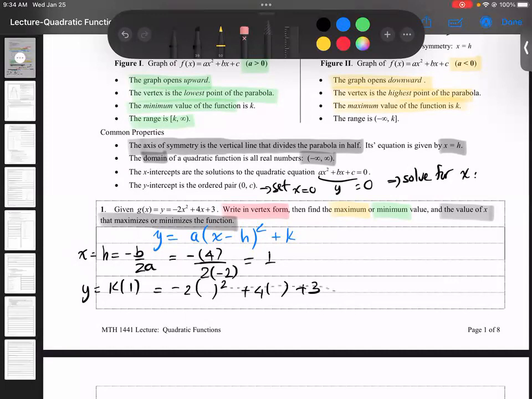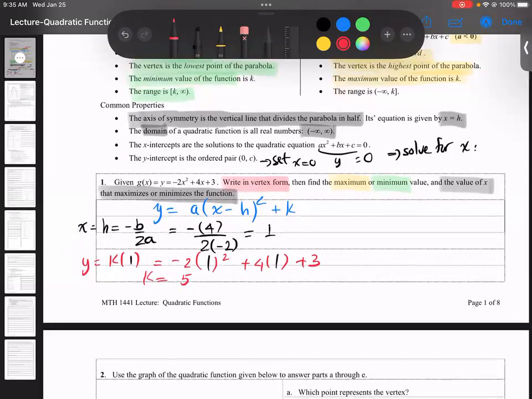So plus 1 there. Is it positive 5? Yeah. Equals 5. So k equals 5. Now, how do I find a?